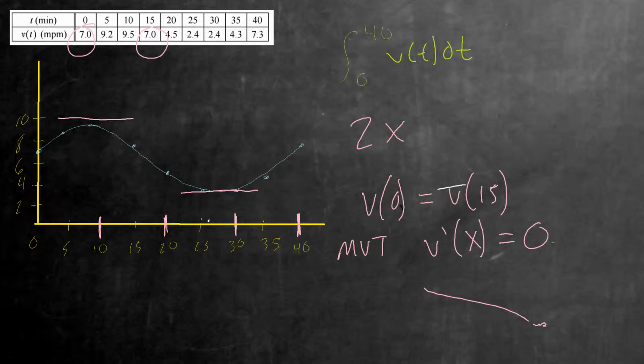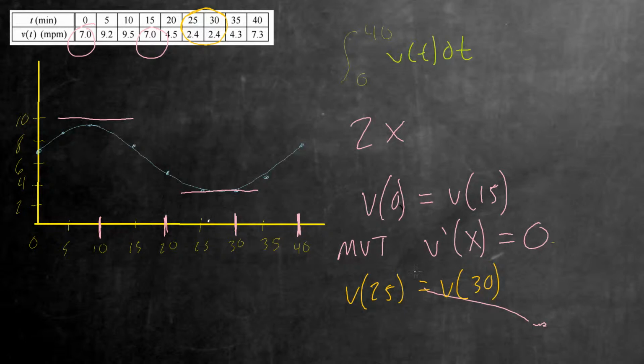Then, very similar logic, we should be able to circle somewhere between 25 and 30.